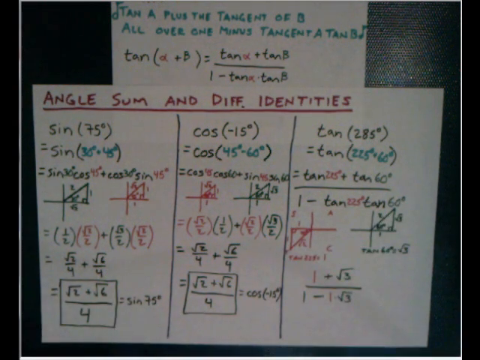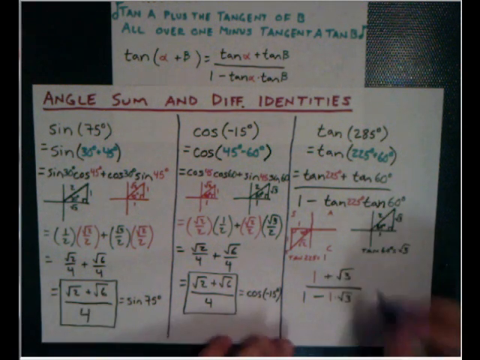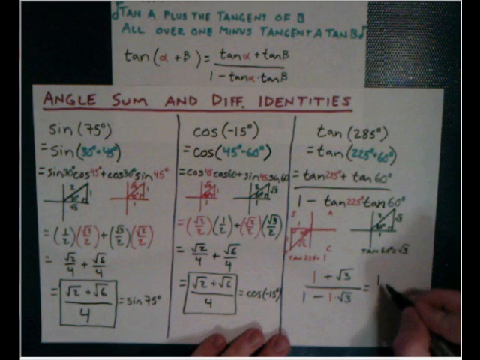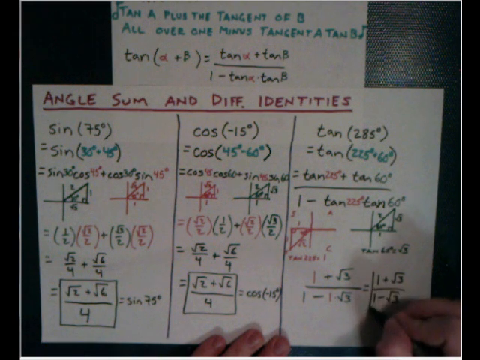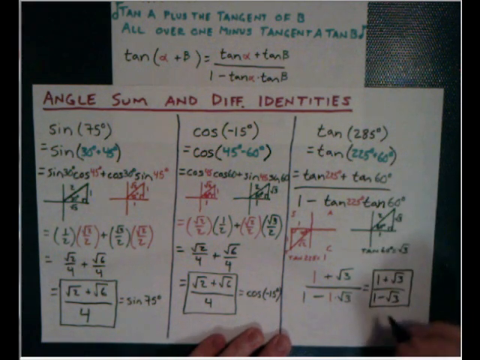And obviously the only place to simplify there is that 1 minus square root of 3. That's going to give me 1 plus the square root of 3 over 1 minus the square root of 3. So there we go. That is equal to the tangent of 285 degrees.